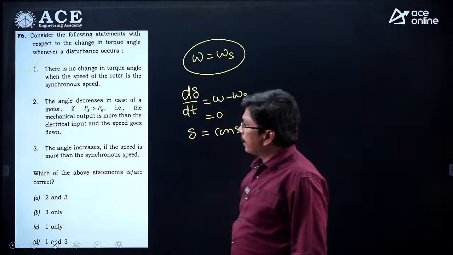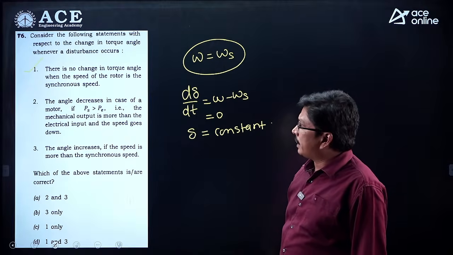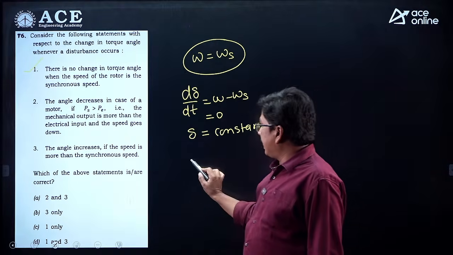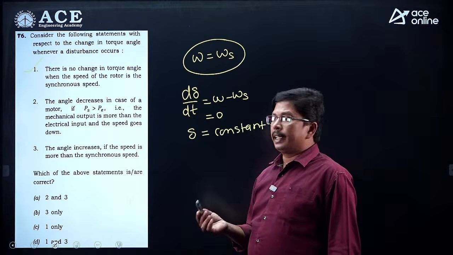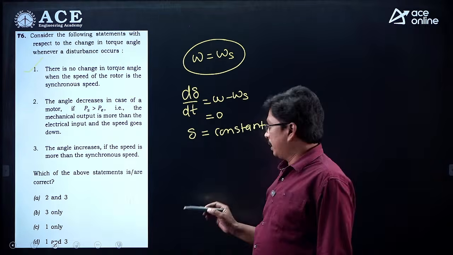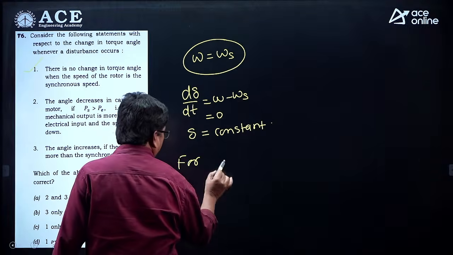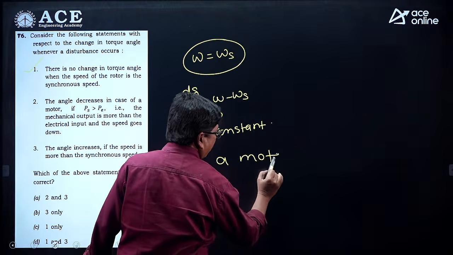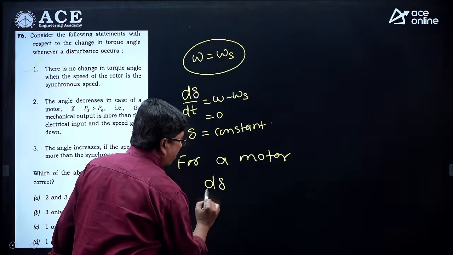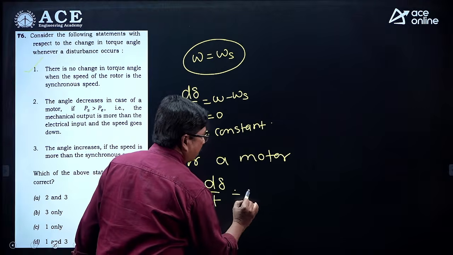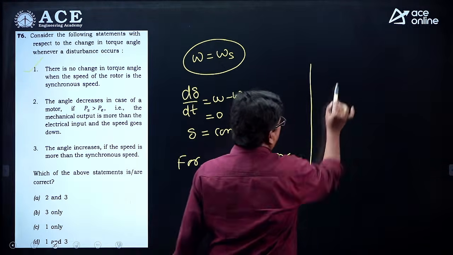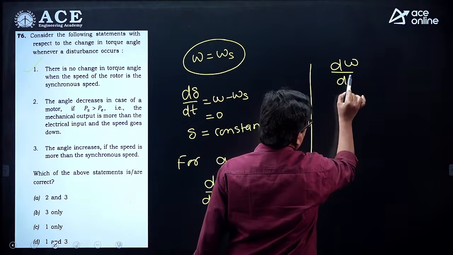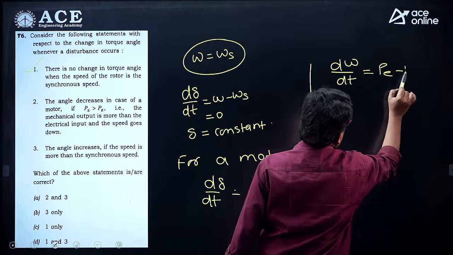Coming to the second one, the angle decreases in case of motor. They are saying that delta decreases in case of motor when the mechanical load is more than the electrical power input. For a motor, we can say d delta by dt is equal to omega s minus omega, and d omega by dt is nothing but Pe minus Ps.